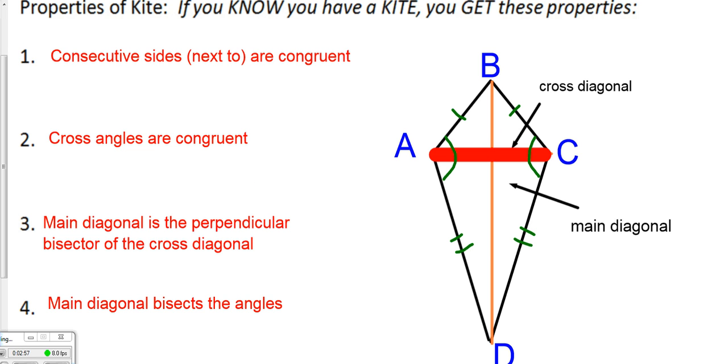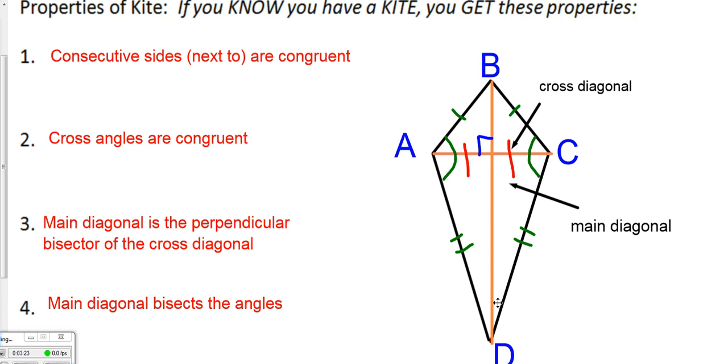Now the main diagonal, the skinny long orange one here, is the perpendicular bisector of the cross diagonal. So what does that mean? Well, it means that these are perpendicular, first and foremost. It also means that this side is the same as this side. So this red diagonal is cut in half by the longer diagonal. Now this longer diagonal isn't cut in half.